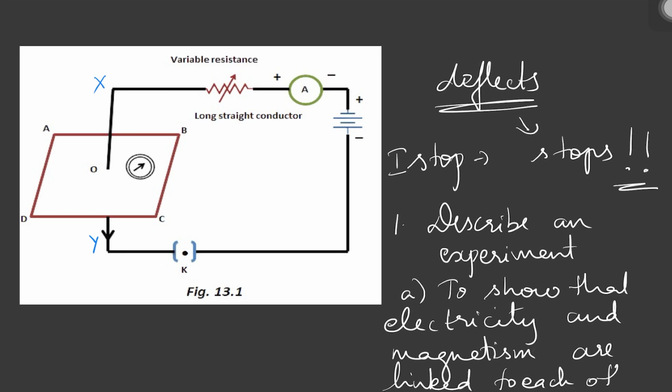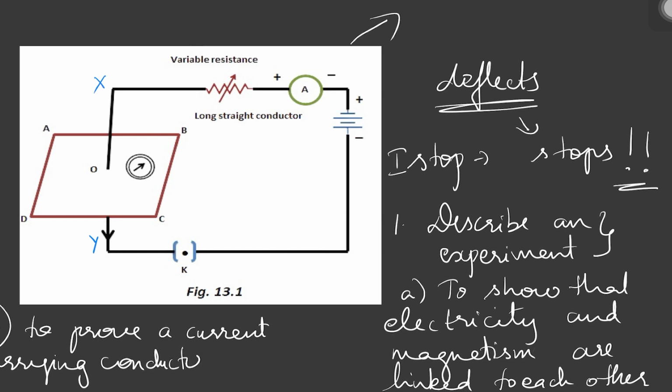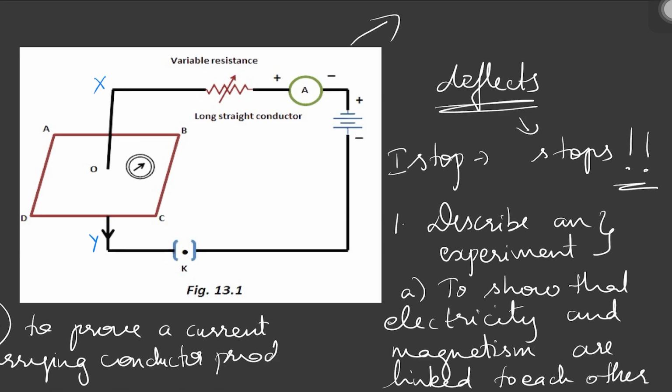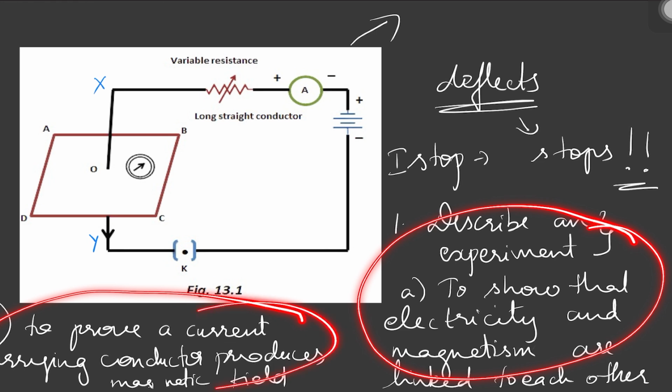If this is the question asked, you have to describe this experiment with the diagram. So this is one of the questions that can be asked, or else directly they can ask that, prove that, describe an experiment to prove that a current carrying conductor produces magnetic field. So these are the two questions that can be asked.